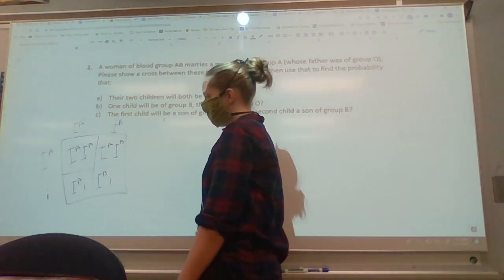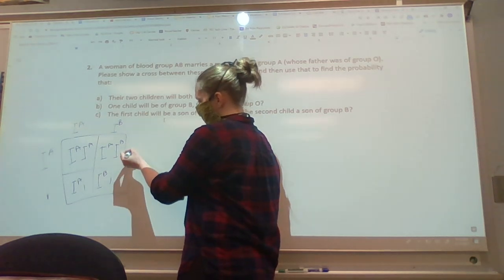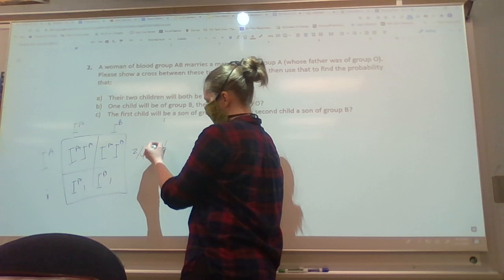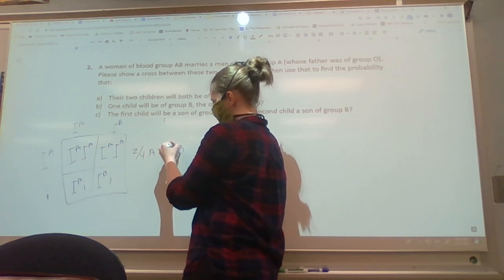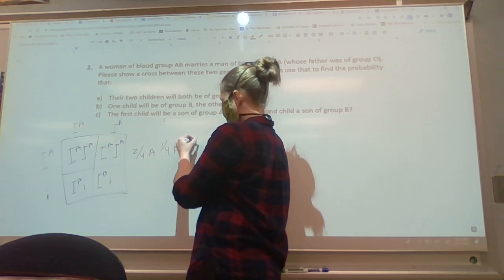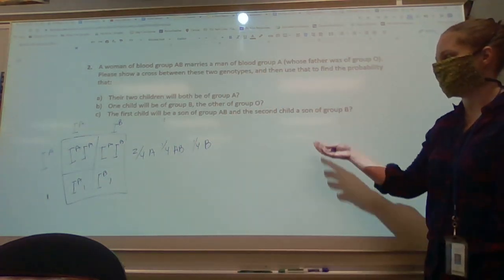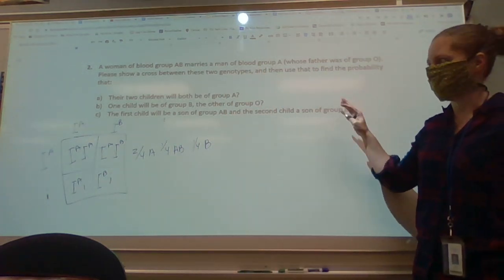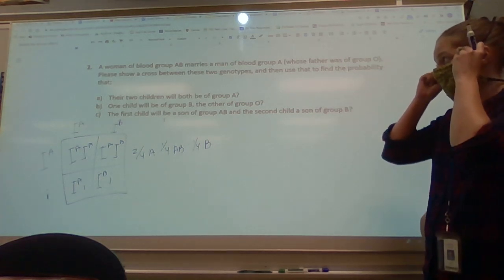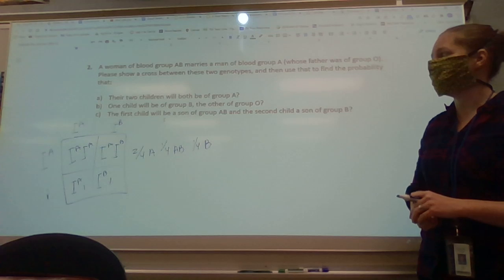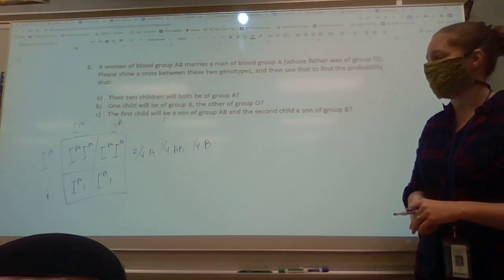The phenotypic ratio is going to be 2/4 A to 1/4 AB to 1/4 B, right? And so you need that information to calculate all the probabilities. So what's the probability that 2 children will both be group A?